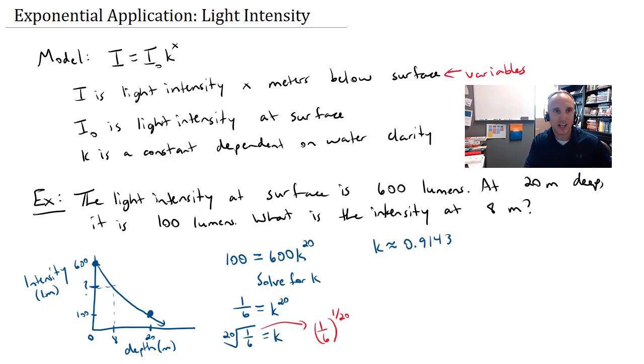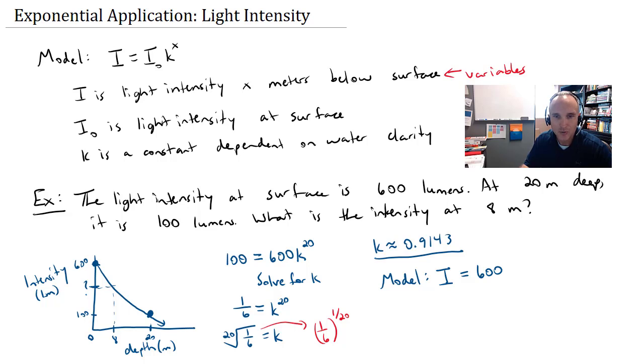So we have our k value now. Once we have our k value, we can use it to write our model to solve the problem. So our model, we leave I as a variable. Our constant I naught is still 600. That's our intensity at the surface. That doesn't change.